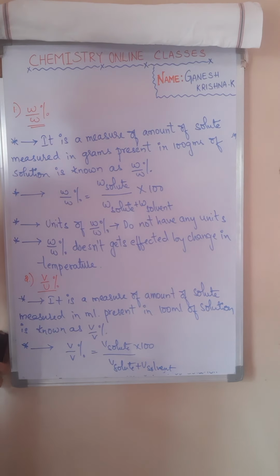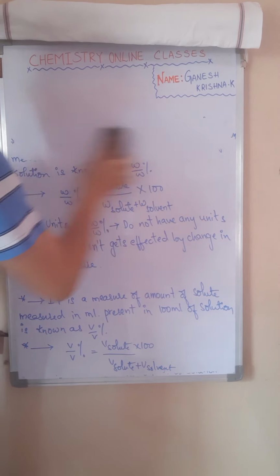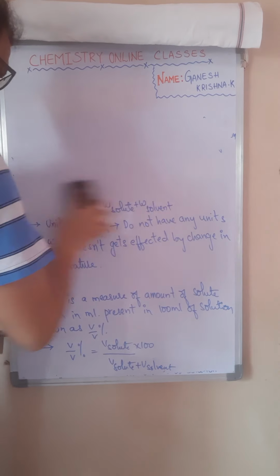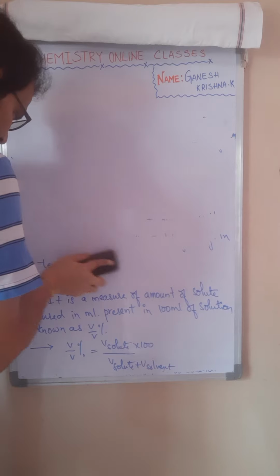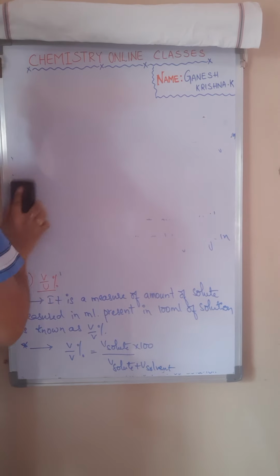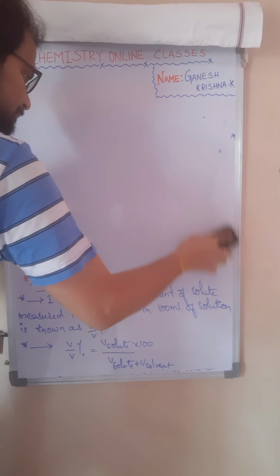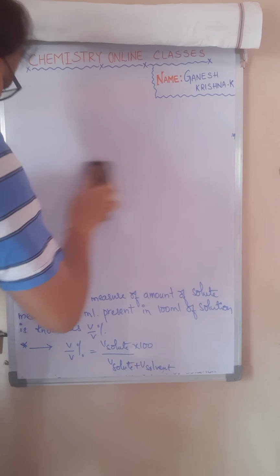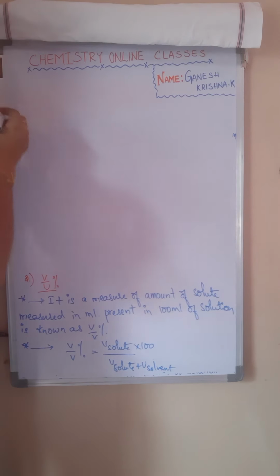Does volume by volume percentage have any units? It also does not have any units. But it gets affected by change in temperature. The reason is that due to change in temperature, the volume of the substance gets affected.